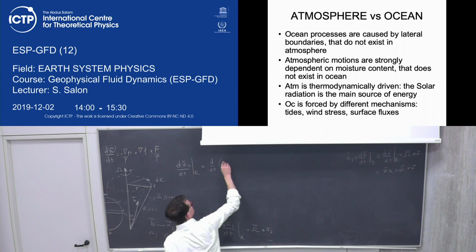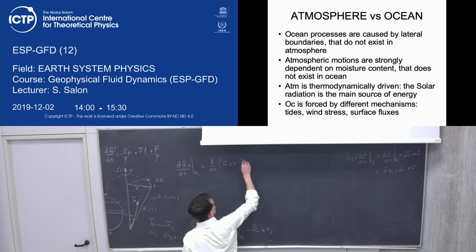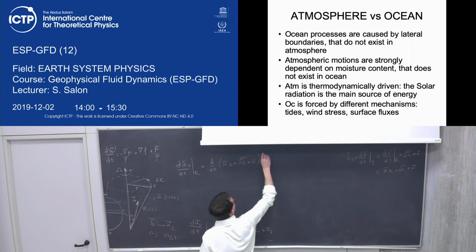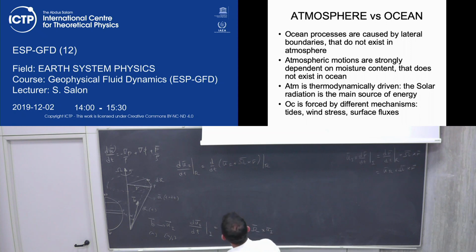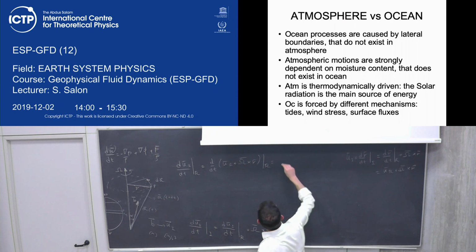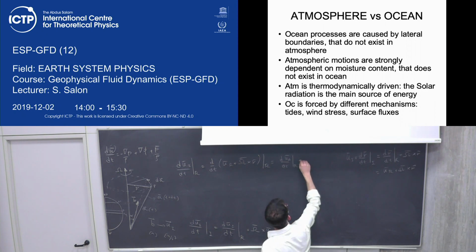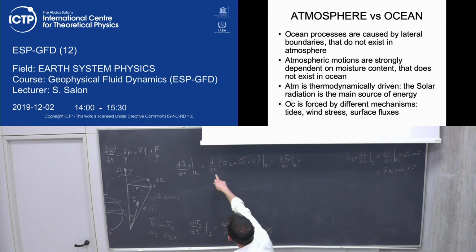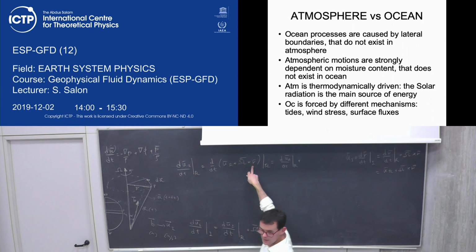I just simply substitute this expression with this expression, and so I have dur dt in r plus, now I have to take the time derivative of this vectorial product. Since it is a product, I have to do it term by term.